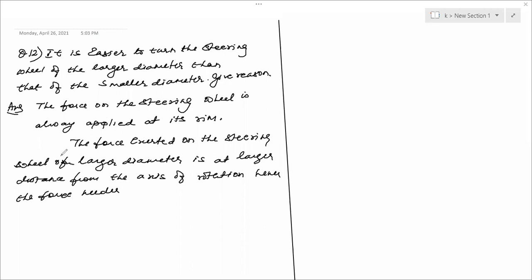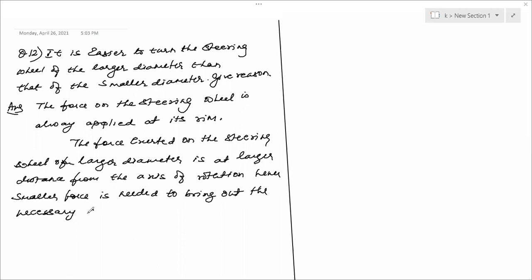Hence, a smaller force is needed to bring out the necessary moment of force.